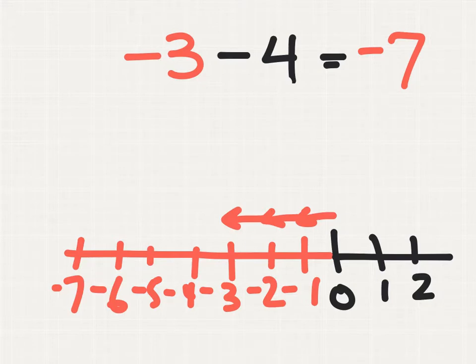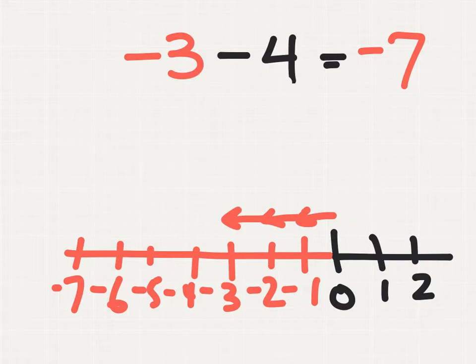-3 minus 4. -3 take away 4. We know that subtraction is to the left, right? I get smaller. As I get smaller, I move left. So -3 minus 4 requires me to go 4 more steps to the left.